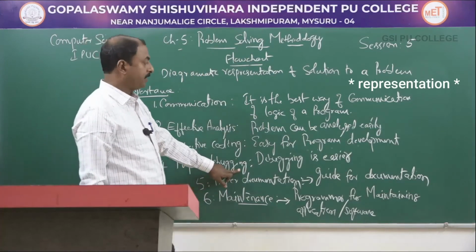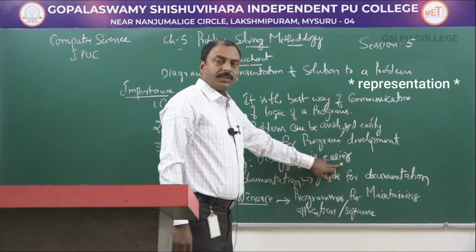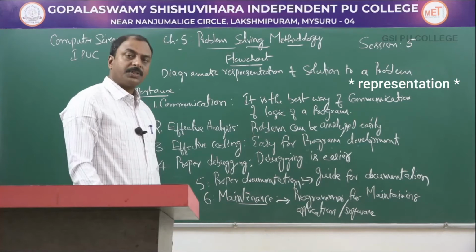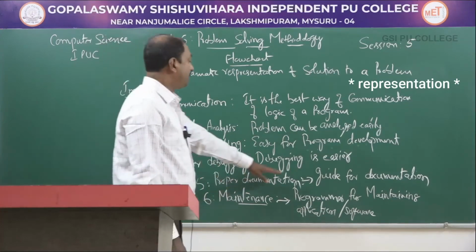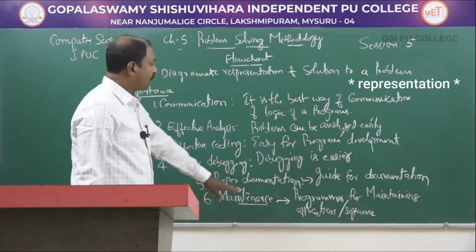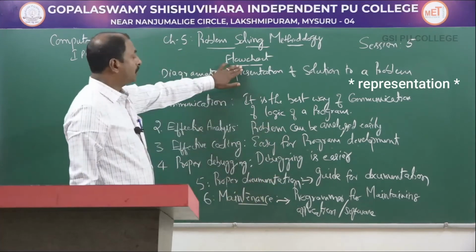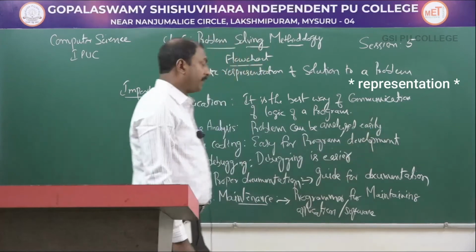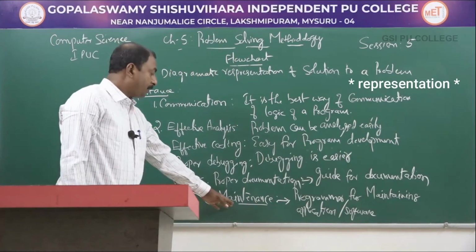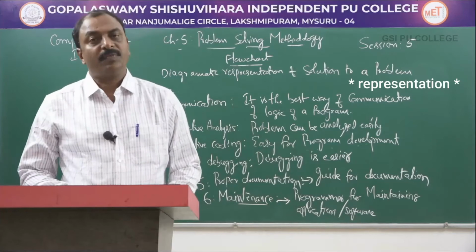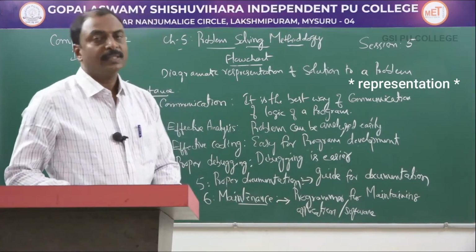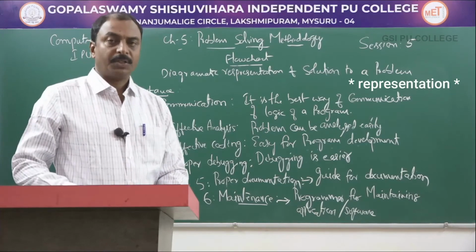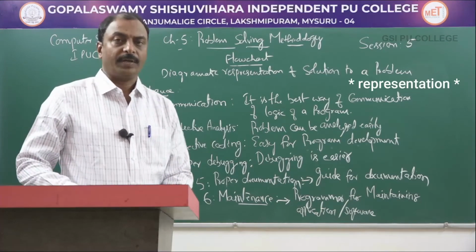Proper debugging means debugging is easier. Finding and correcting mistakes in a program is debugging. And proper documentation: flowchart acts as a guide or manual. Sixth point is maintenance: with the help of flowchart, it is easy for a programmer or user to maintain the particular application or software.